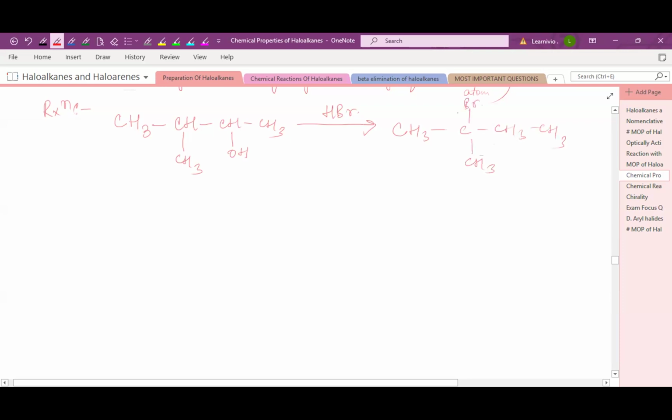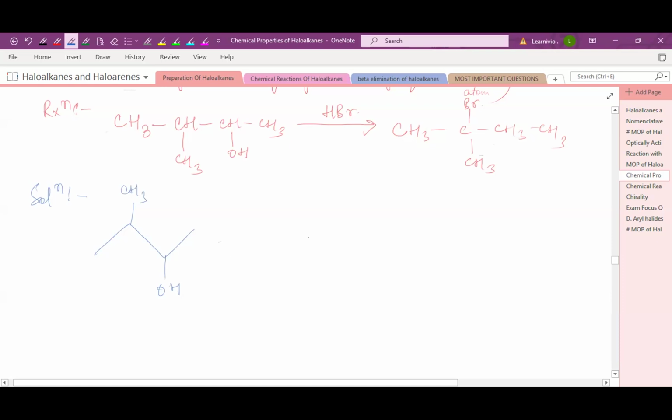The question is to write the mechanism for the reaction. So first, carbons 1, 2, 3, 4, and on the second carbon there is an OH group, and on the third, a methyl. That's the structure of the reactant.